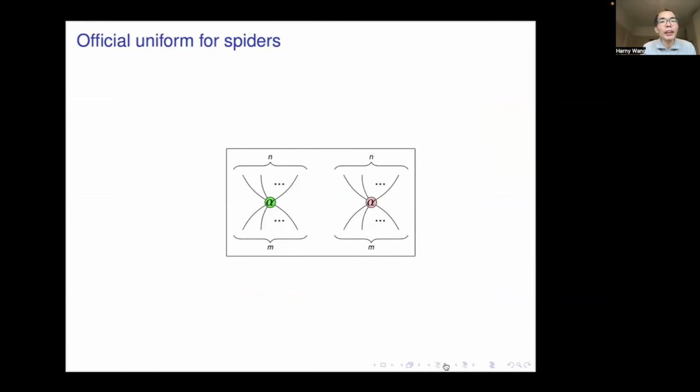Formally, the Z spider for qubits has n inputs and m outputs, and n and m could be any natural numbers. Another color, with alpha, is the red spider. They can also have inputs and outputs.